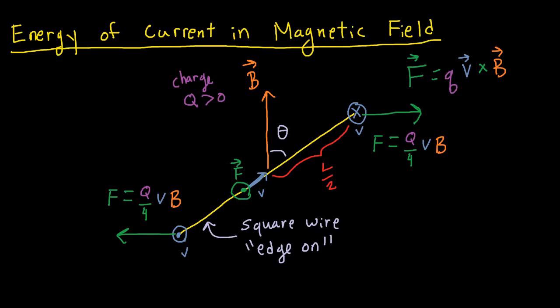So this component of force is pointing normally to the length of the wire. But if we're assuming that the wire is going to be rigid, then this force doesn't matter, and it just cancels out with the force on the other side. So we don't have to worry about this force. We only have to worry about this force and this force.